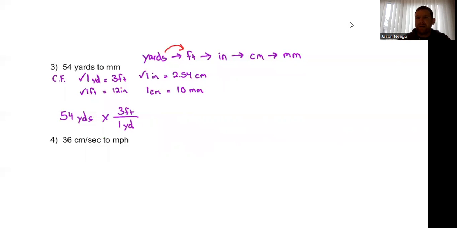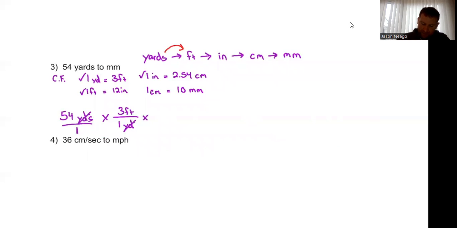This is exactly the same orientation of my conversion factor, but instead of having a long line across, I'm looking at it as a fraction. By doing that, yards and yards cancel out. You could think of this as 54 yards over 1. So the 54 yards is in the numerator and the 1 yard is in the denominator. Because one's in the numerator and one's in the denominator, they cancel each other out.